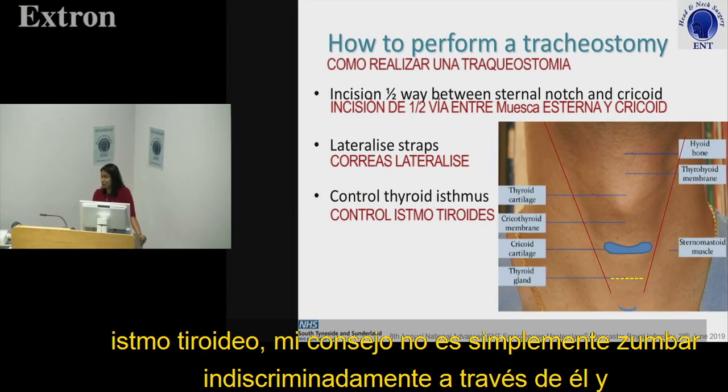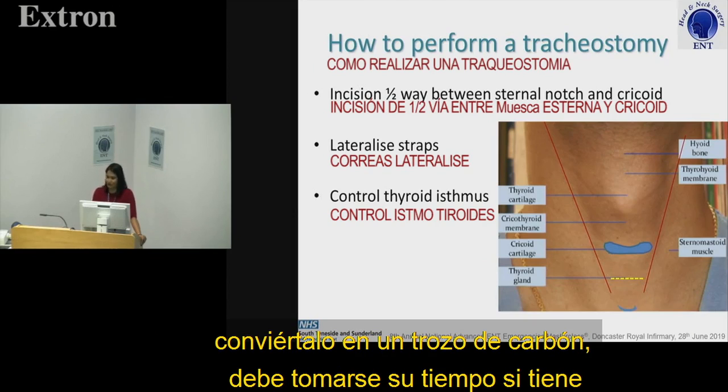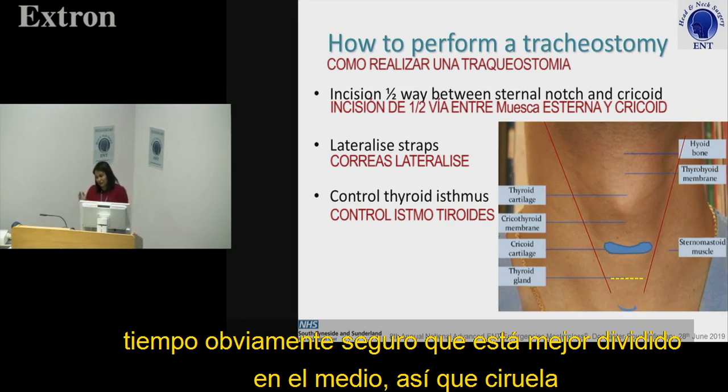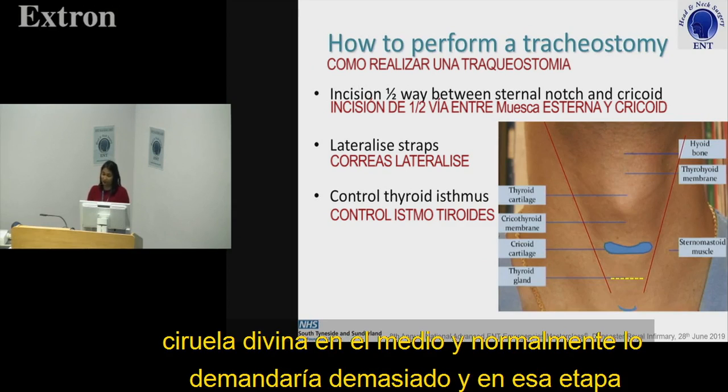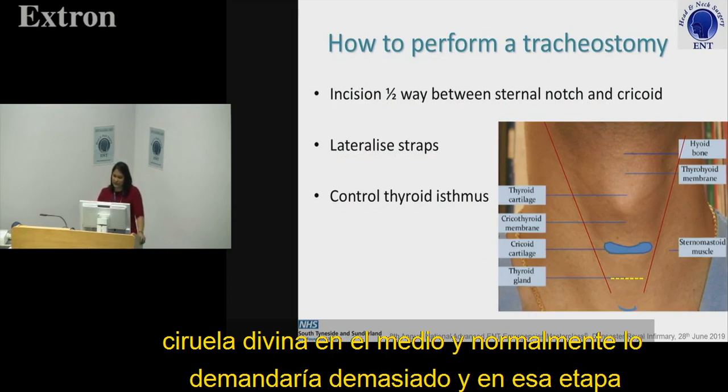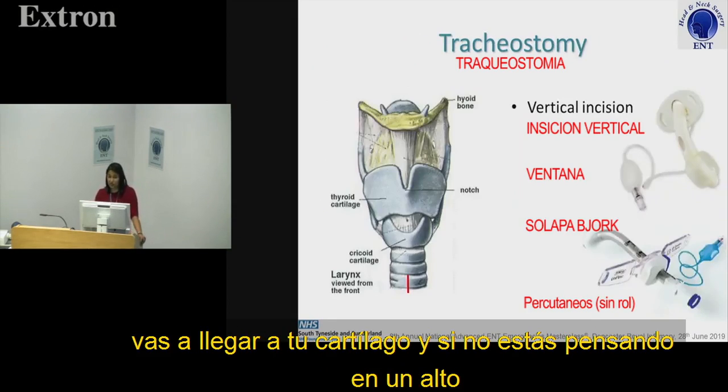My advice is not to just indiscriminately buzz through it and turn it into a piece of charcoal. You need to take your time, if you've got time, obviously, secure that isthmus properly, divide in the middle, clamp, divide in the middle, and I would normally oversew it. And at that stage, you're going to get to your cartilage.